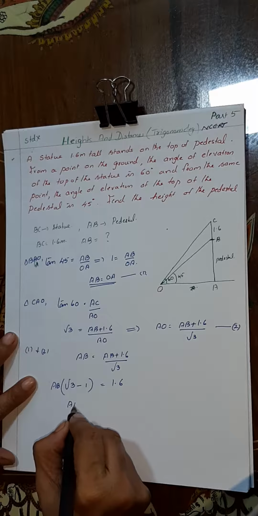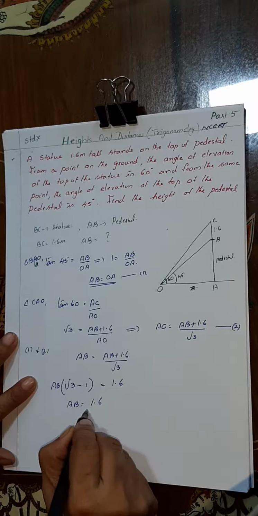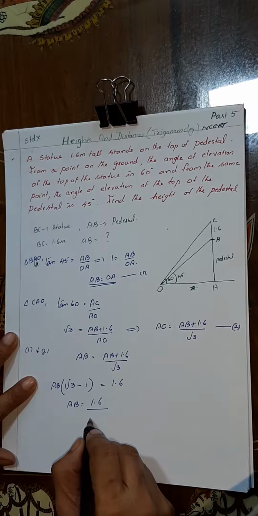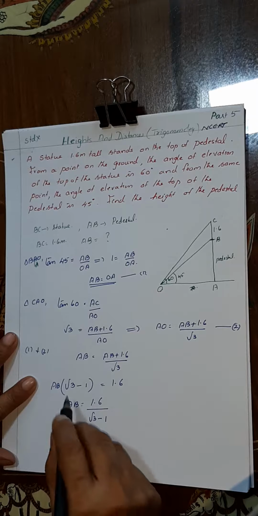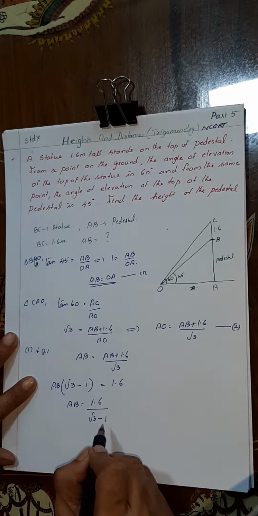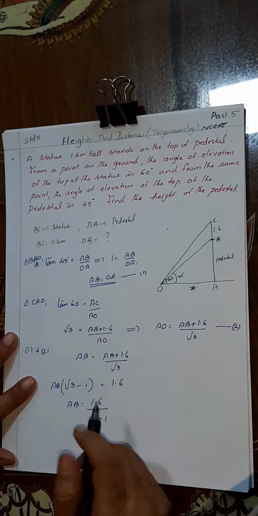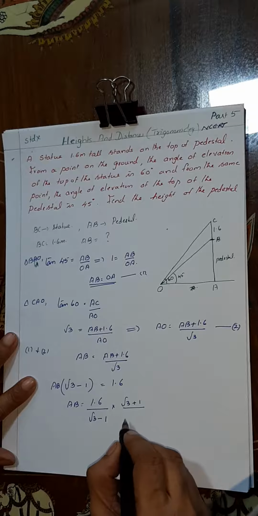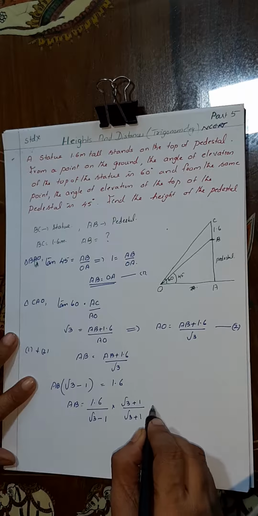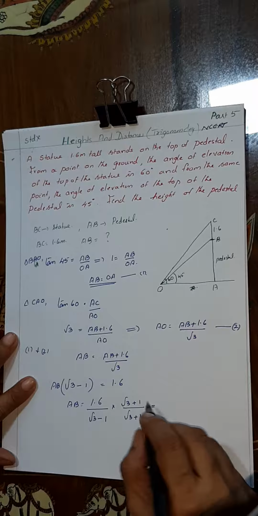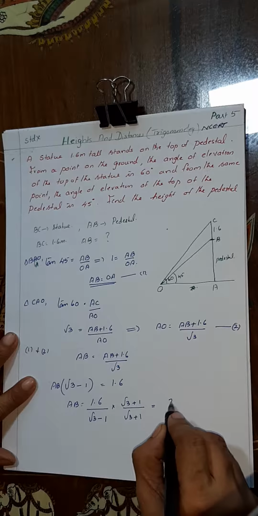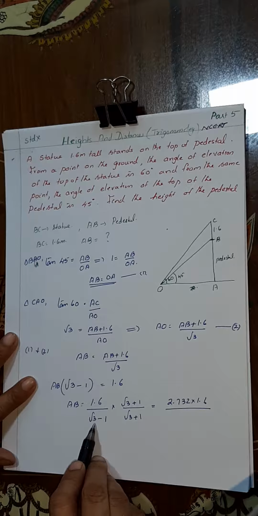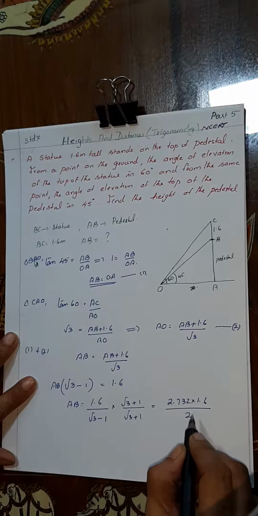So AB is equal to 1.6 by root 3 minus 1. Either you can take 1.732 minus 1, 0.732, and divide that, or you can rationalize this. So you get this as 2.732 into 1.6 by, this will be 3 minus 1 which is 2.